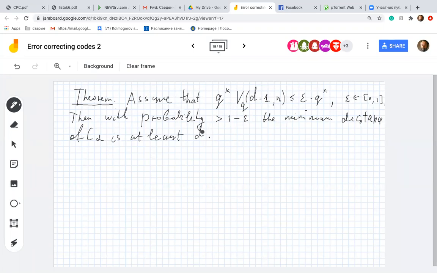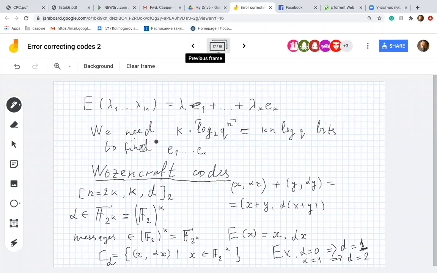So we obtain almost the same theorem, but what is the gain? One gain is that to specify such a code, we just need to choose k log q bits. Instead of kn log q bits, we have k log q bits. We have reduced n times the number of bits.